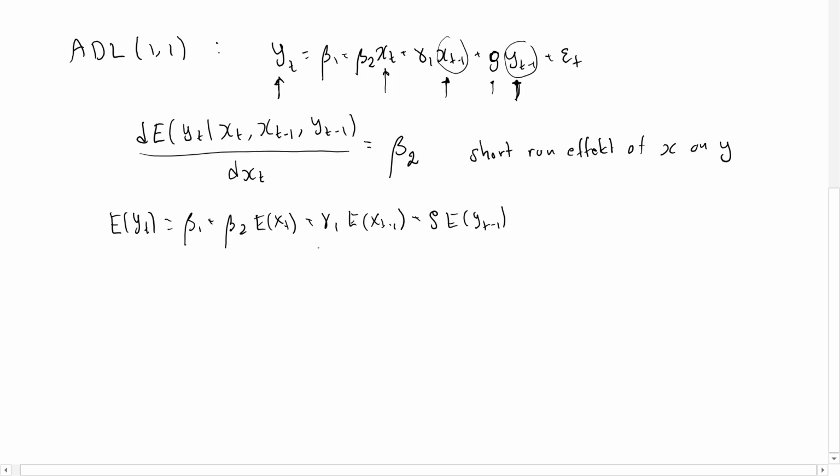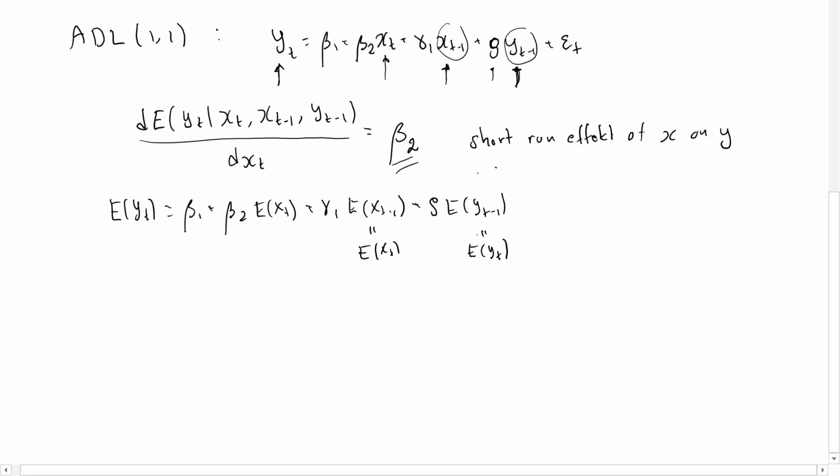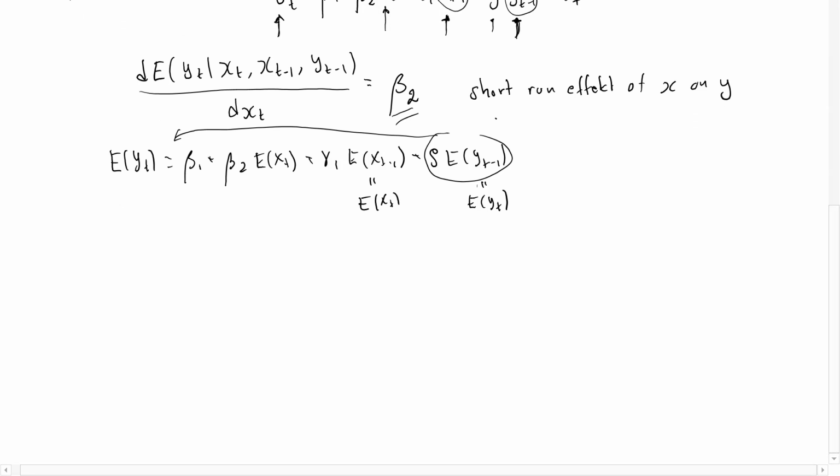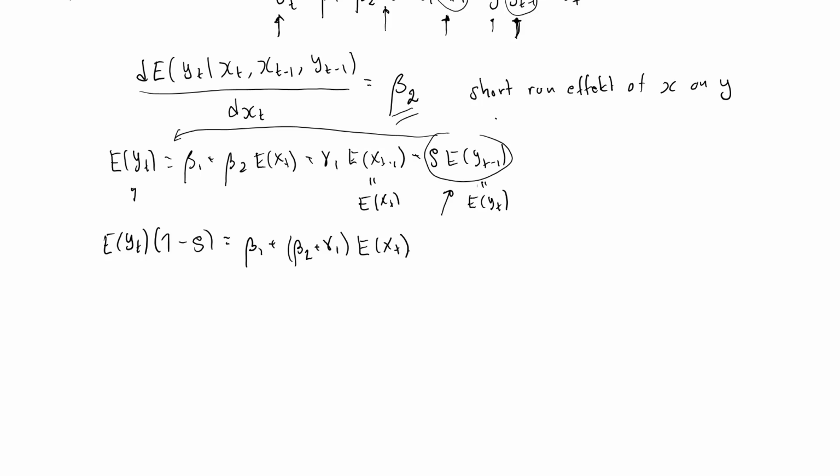Due to stationarity, this is expected value of xt, and this is expected value of yt. So moving this term over to the left hand side, I have expected value of yt times 1 from this term, and minus rho from this term. Then I have beta 1 plus beta 2 plus gamma 1, times expected value of xt.